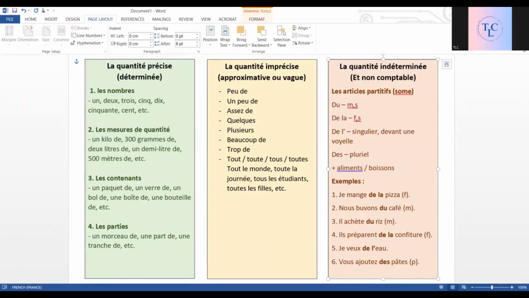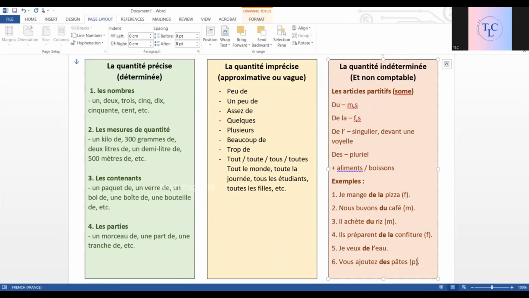But remember, you have to add something. It can be quantité précise, quantité imprécise, or article partitif. We add something before the food items and drinks. It is also used with other things, but for now, that's where we focus.